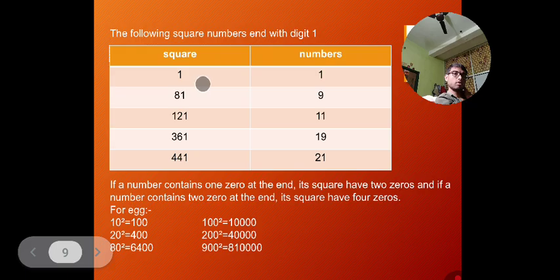So the number of this would be 1, number of this would be 9, number of this would be 11, number of this would be 19.